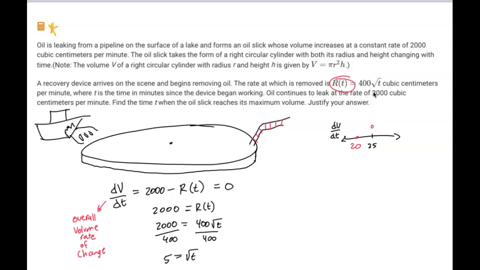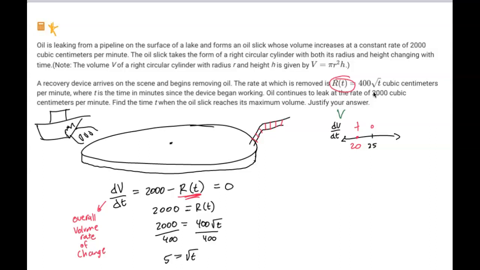So when I plug in 20 for T into R of T, that'd be 2,000 minus 400 root 20. That's 211, so that's positive. That means overall my volume is doing what?